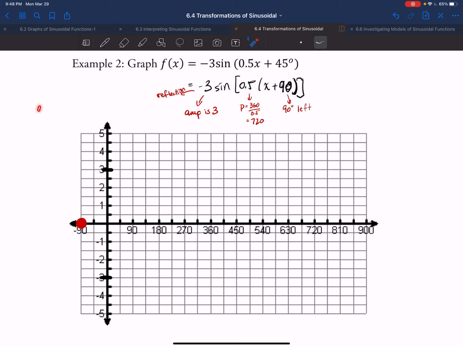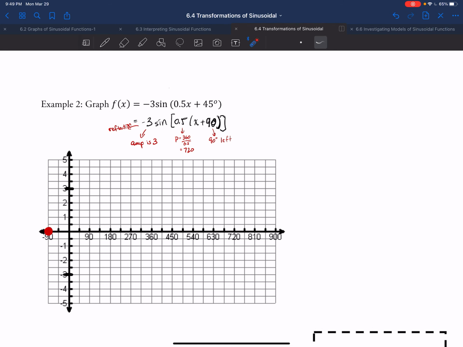Instead of going up, down, and up again, it's going to go down, up, and down. So now I've got to figure out what that quarter is. So if I take 720 and divide it by 4, then I can figure out what those 4 sections are.